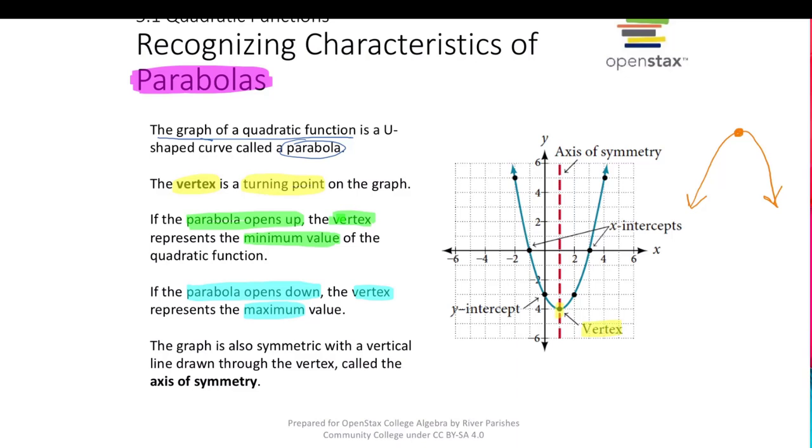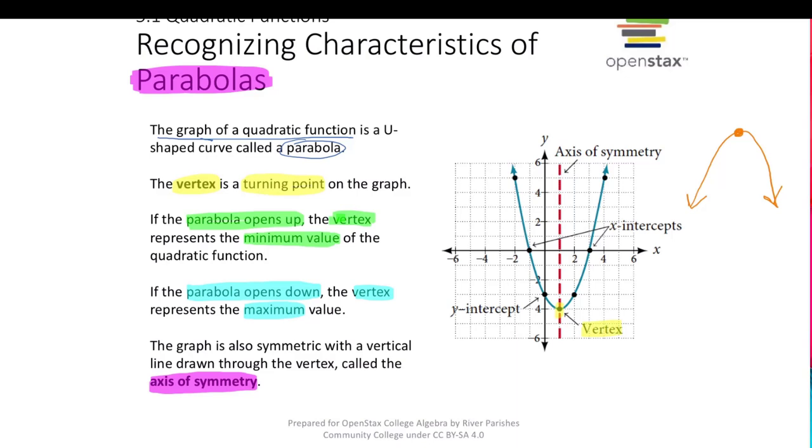Now we also have something called the axis of symmetry. Parabolas are symmetric. So that means if you split the parabola down the middle, the left side mirrors the right side.